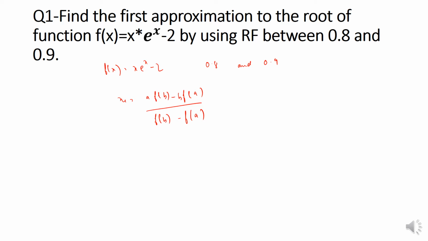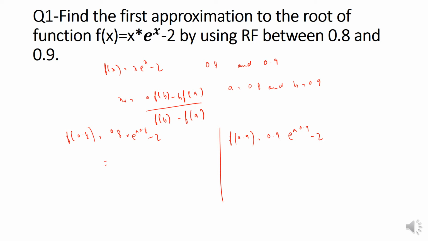Now first of all, we need to calculate f of a and f of b. Here a is equal to 0.8 and b is equal to 0.9. So f of 0.8 is equal to 0.8 into e power 0.8 minus 2, and f of 0.9 is equal to 0.9 e power 0.9 minus 2. Using a calculator, the value of f of 0.8 is minus 0.21 and f of 0.9 is 0.21.